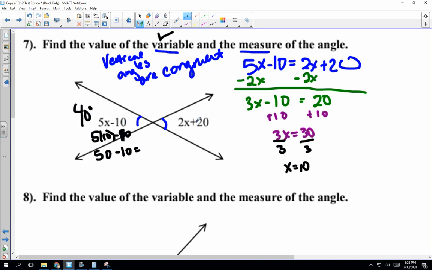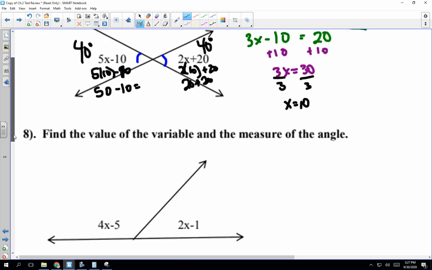And it doesn't matter which one you do. If you had plugged in 10 here, we would have gotten 2 times 10, which is 20, and 20 plus 20 is also 40. So it's 40 no matter how you slice it. And that's the beauty of congruent angles.